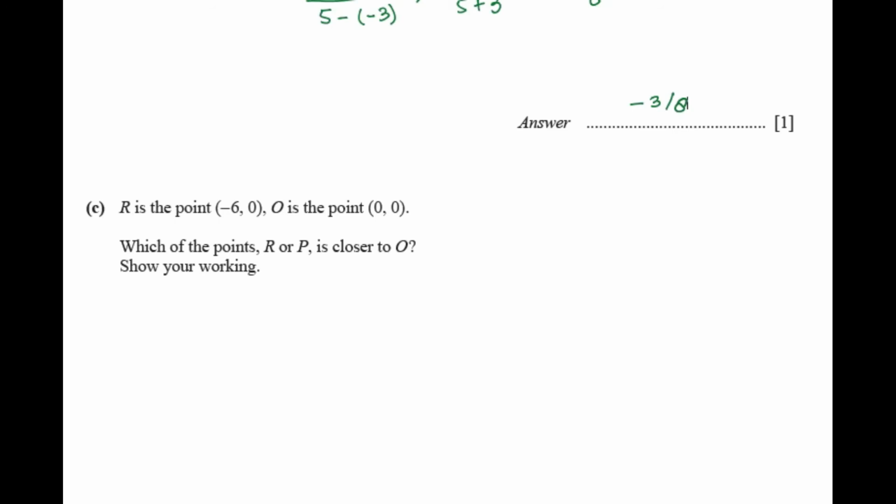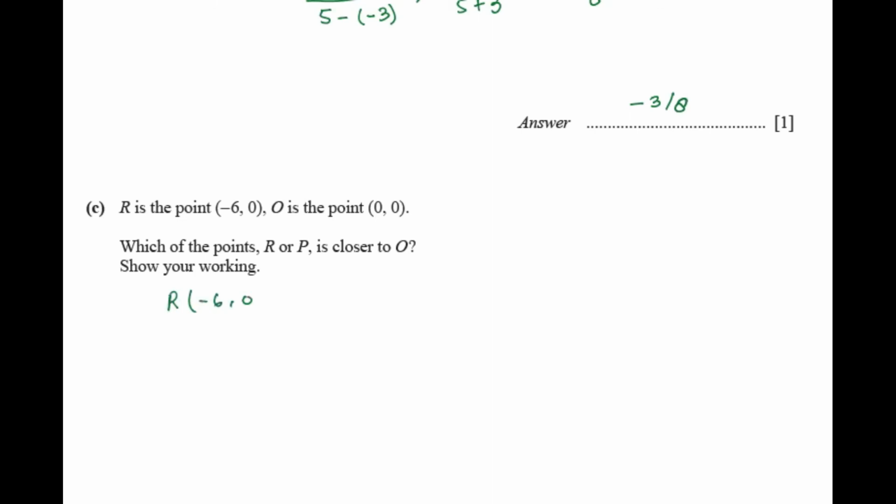How can we find which point is closer to the origin? We will find the length of OR and similarly the length of OP. Then we will check which number is lesser. That point has the lesser distance from O, so it is closer to O.